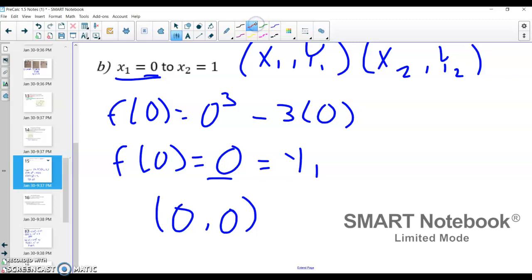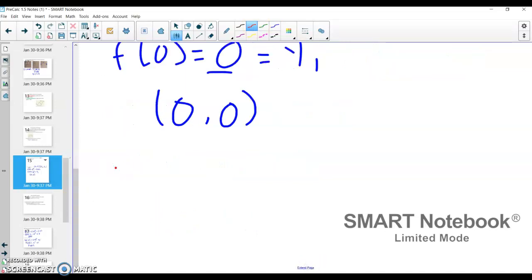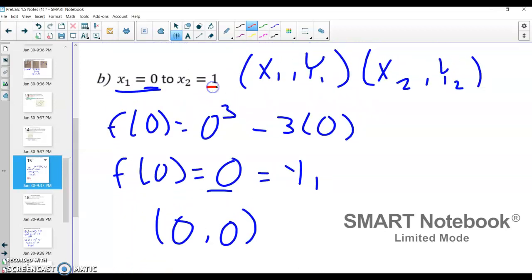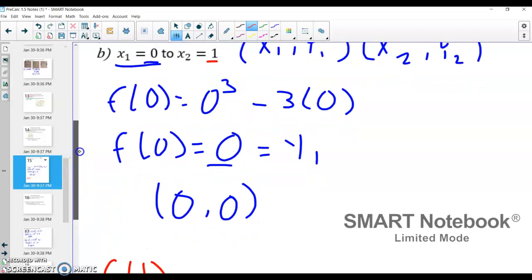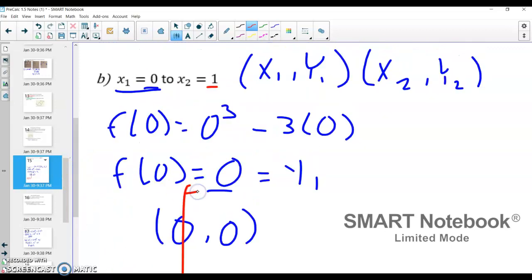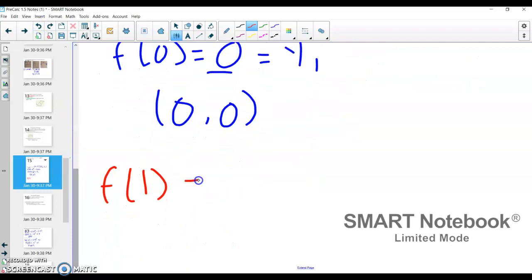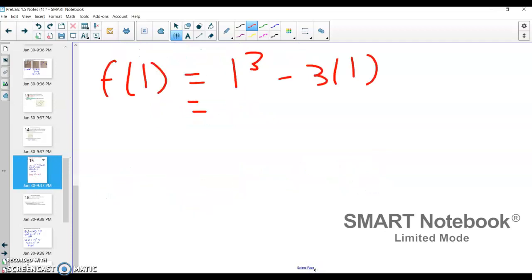Okay, next I gotta find y2, so I'm gonna plug in my x2, which is f of positive 1 coming from right there. And plugging it in, I get 1 cubed minus 3 times 1. 1 cubed is 1 times 1 times 1, which is 1.